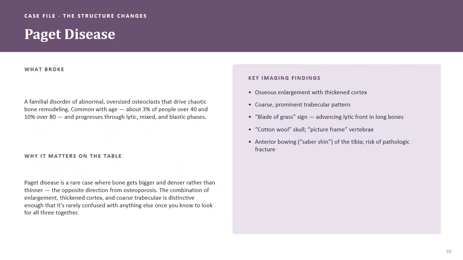Three things that they look for to identify Paget's disease are enlarged bones, thick bones or thicker outer layers of the bones, and the inner mesh of the bone looking a little bit coarse, which can also be described as looking a little bit heavy. All 3 of those things together is what they use to identify Paget's disease.